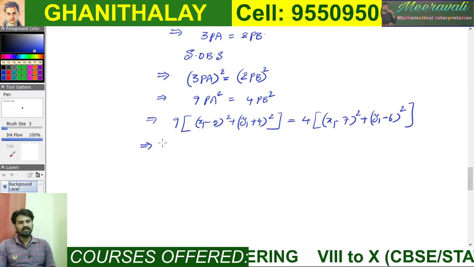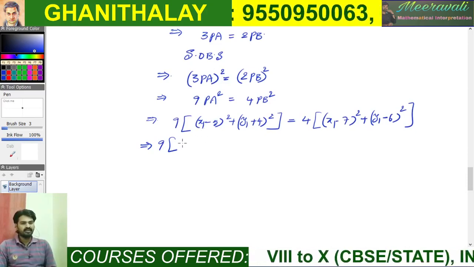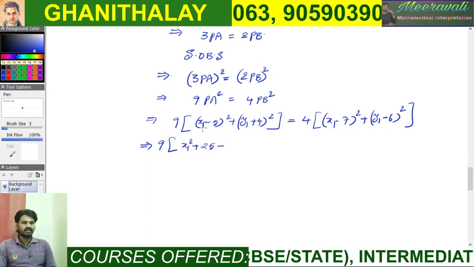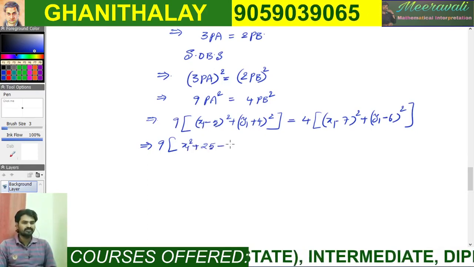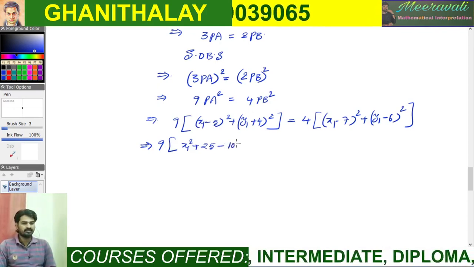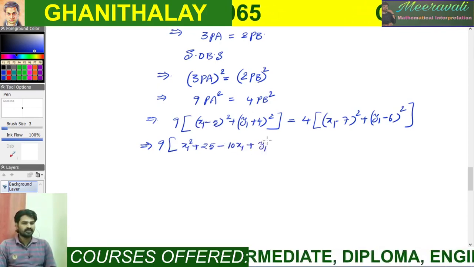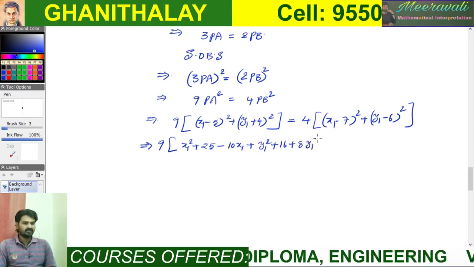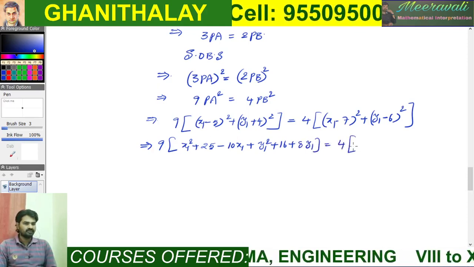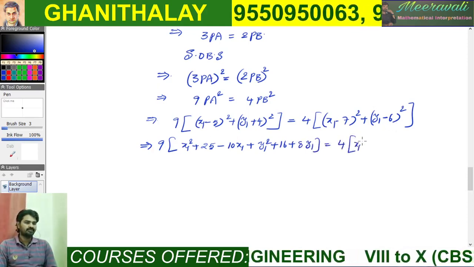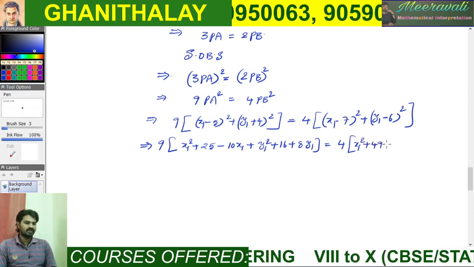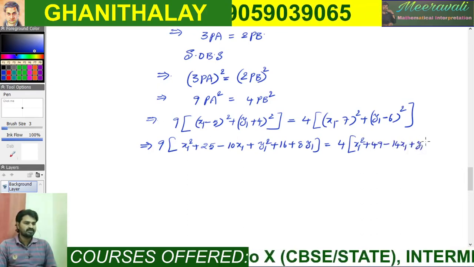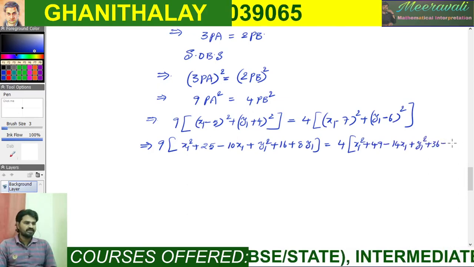Now I am going to expand 9 into, this is of the form a minus b whole square, a square plus b square, that is 5 square, 25, minus 2ab, 2 into x1 into 5, that is 10x1, plus y1 square plus 16 plus 2ab, 2 4s are 8 y1. Is equal to 4 into, again of the form a minus b whole square, x1 square plus 7 square, 49, minus 2 7s are 14 x1, plus y1 square plus 36 minus 12 y1.